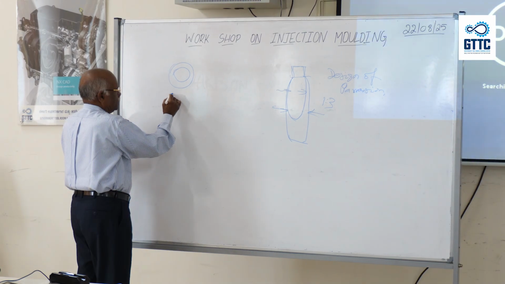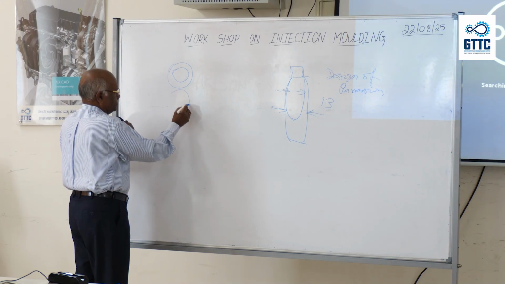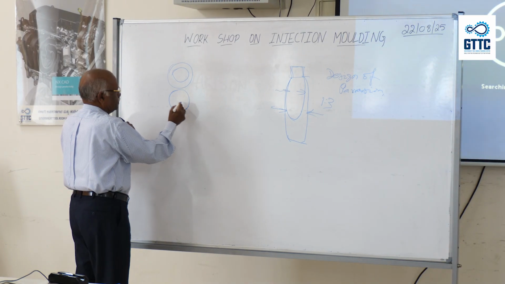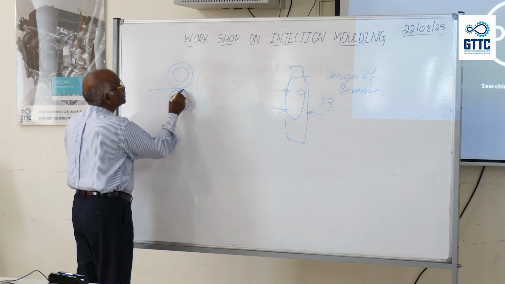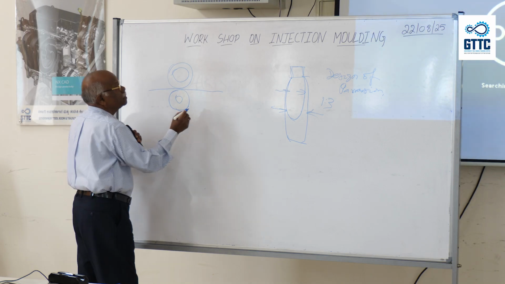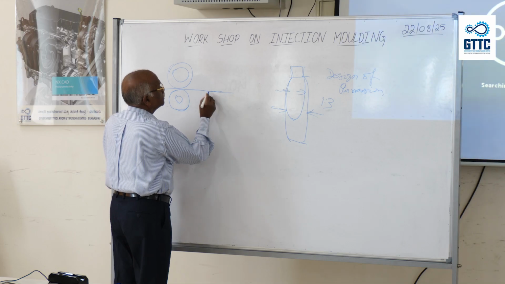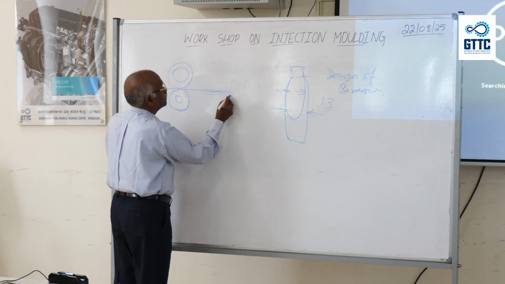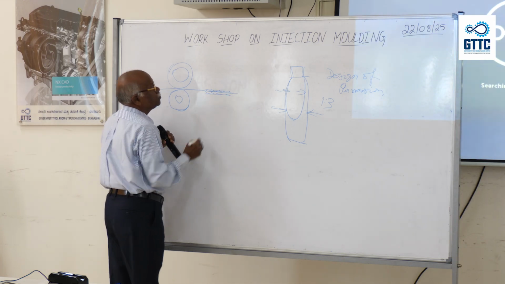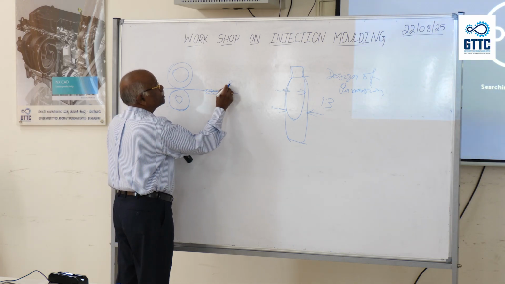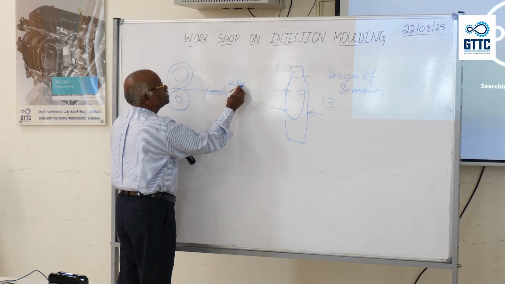Then another roller. The wire is fed. The first is the rubber sleeve.